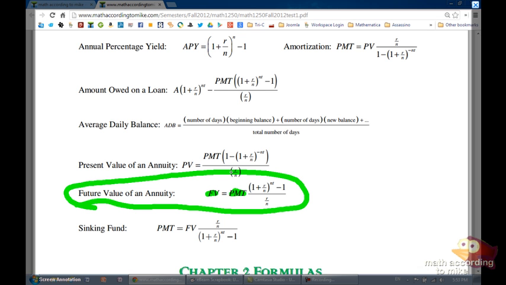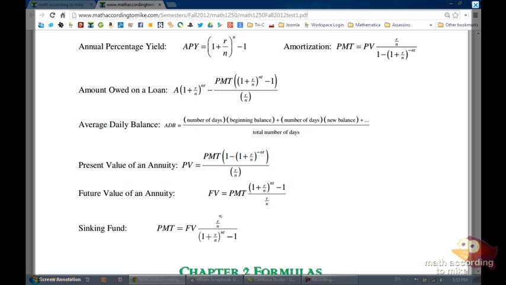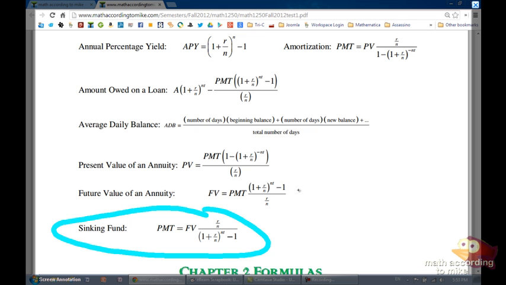Once. With future value, you're putting the money away how many times? Multiple times. Periodic payments. The flip side of a future value is the sinking fund. Notice they are the same formula, just solved for a different variable. Just like how present value annuity is the same formula as amortization, just solved for a different variable.